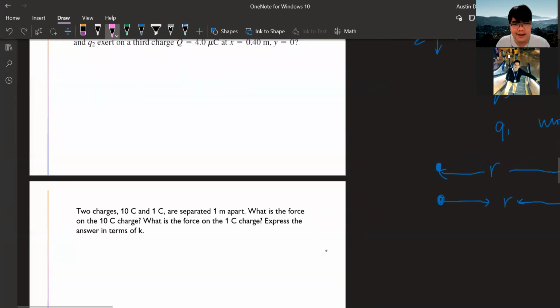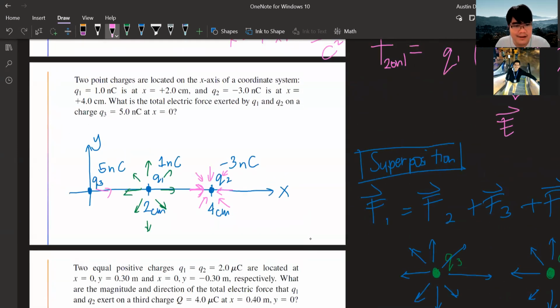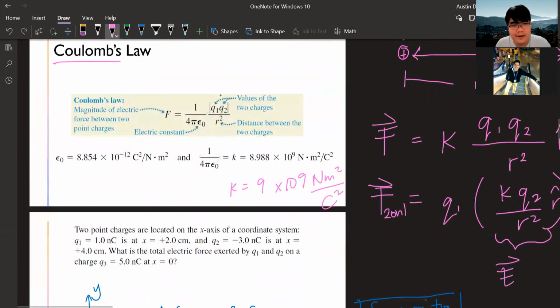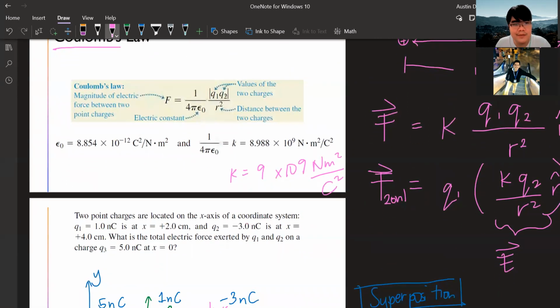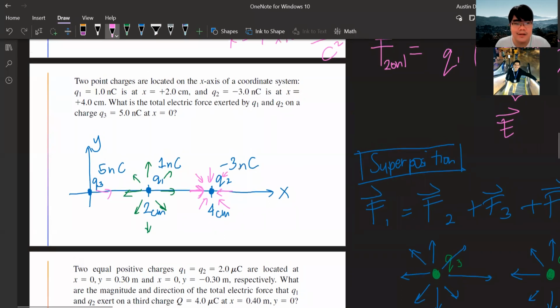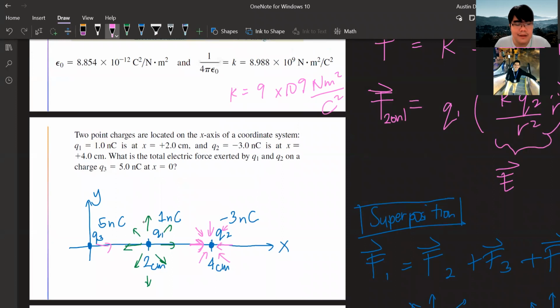Okay, let's evaluate if our answer makes sense. Just by looking at the brute numbers, the multiplication of the two, because the force is the multiplication of the two charges, you can see which has a larger effect on each other. So 5 times 3, 15, is definitely larger. You would only doubt it when the numbers are close together.